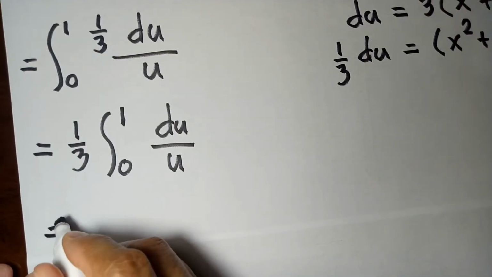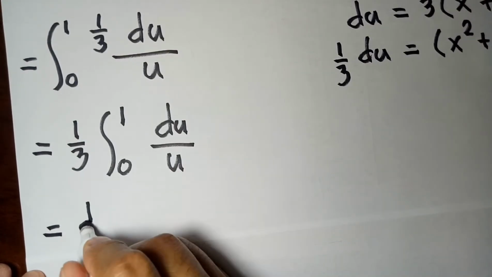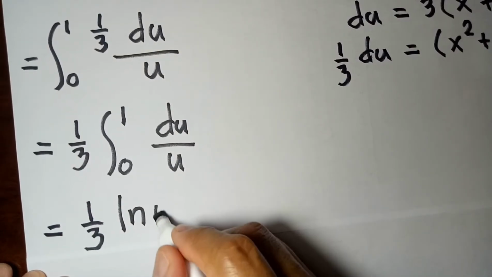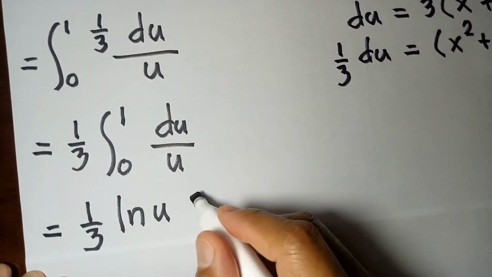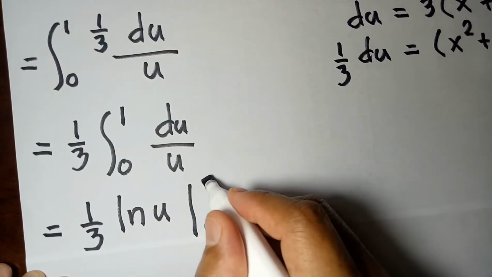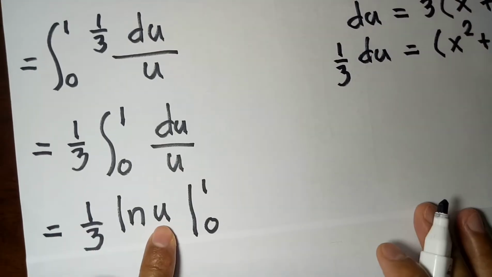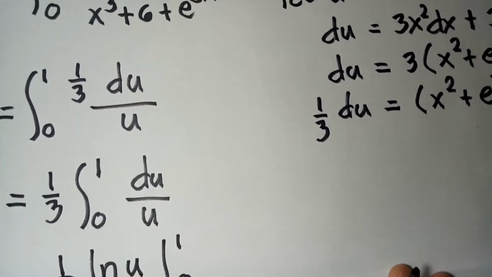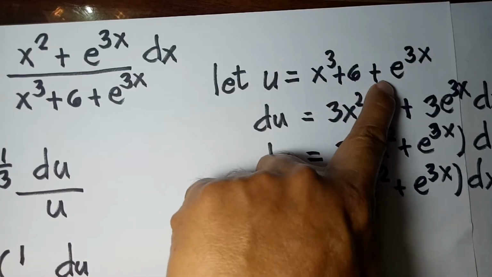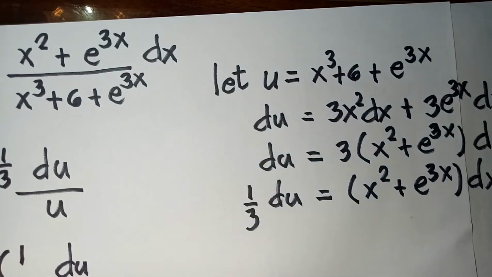So it is equal to 1/3 and then ln of u from 0 to 1. And then after that, substitute the value of u. Our u is x cubed plus 6 plus e raised to 3x.